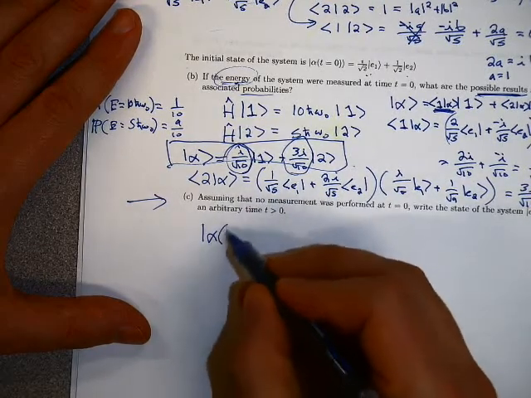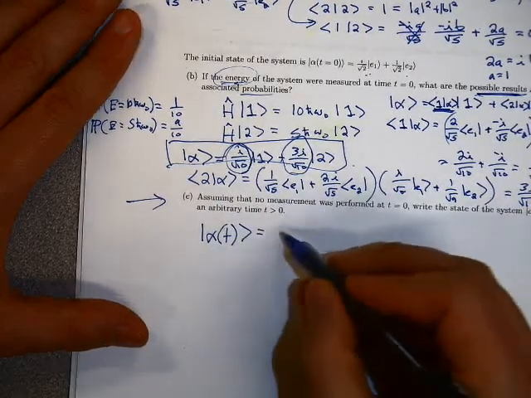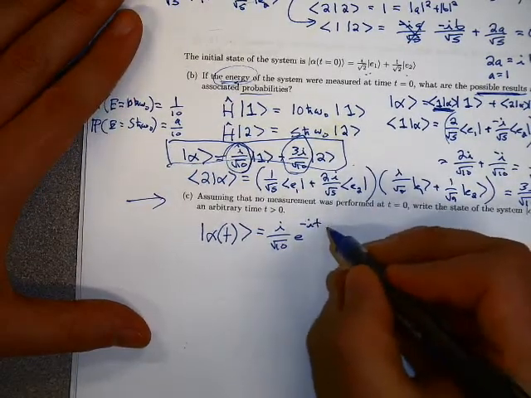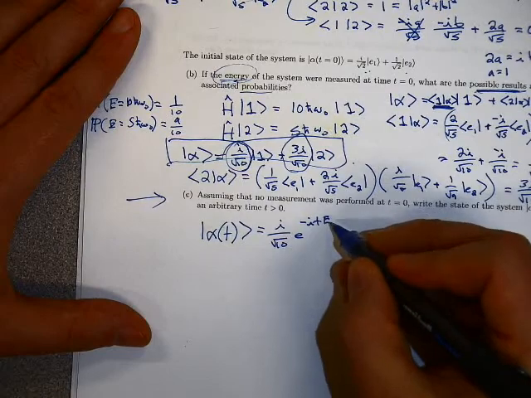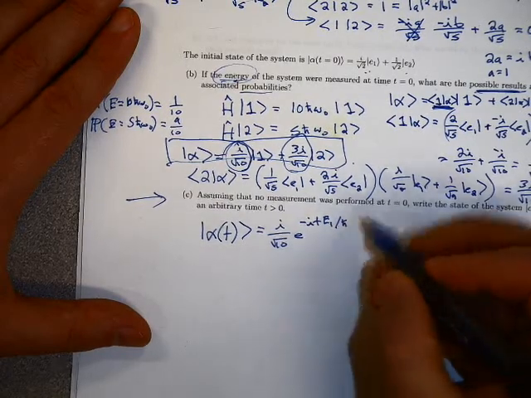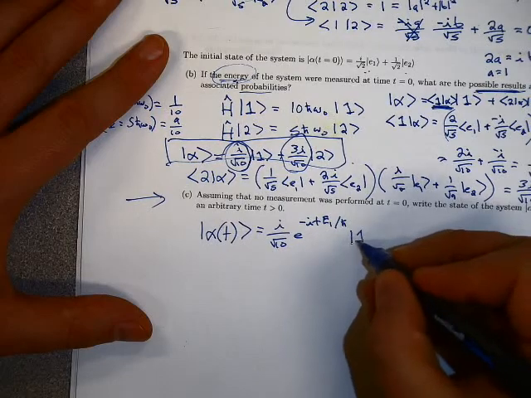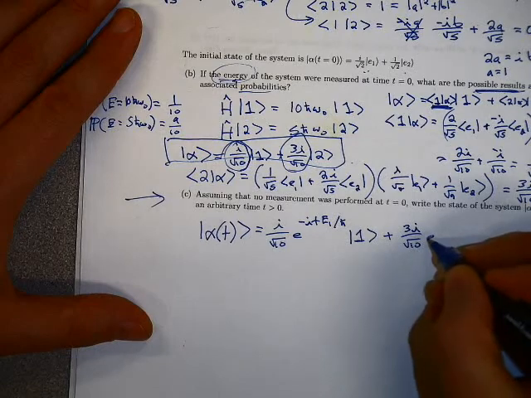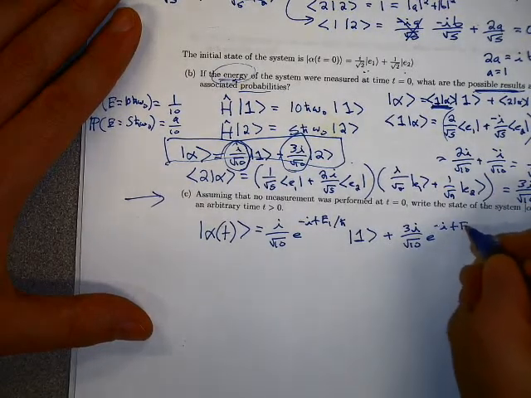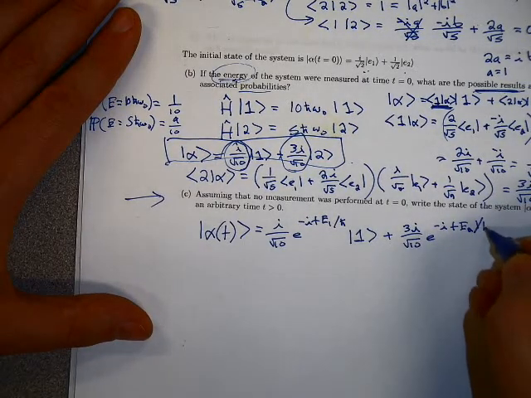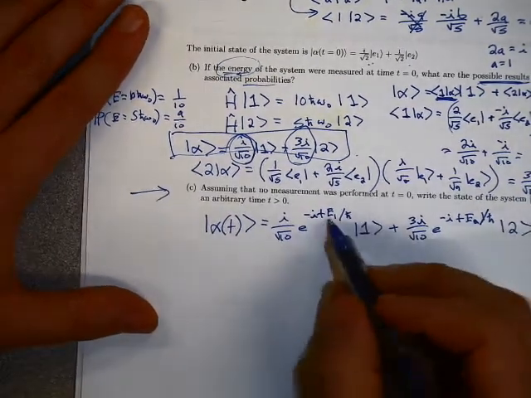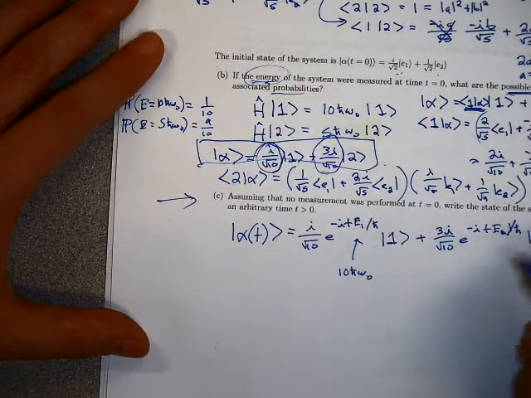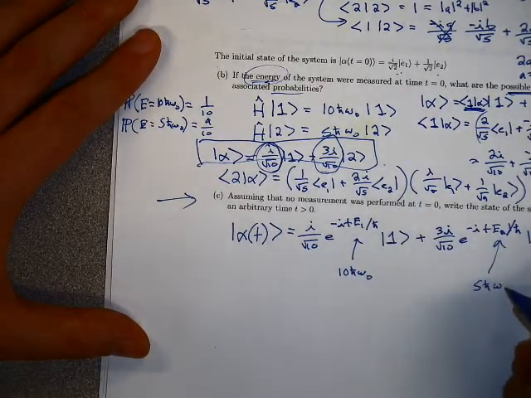So alpha of t is just i over root 10 times e to the minus i t E1 over h bar times state 1 plus 3i over root 10 e to the minus i t E2 over h bar times state 2, where E1 and E2 are 10 h bar omega naught and 5 h bar omega naught.